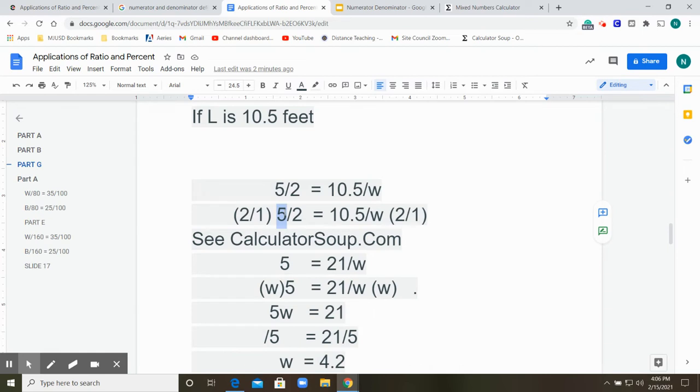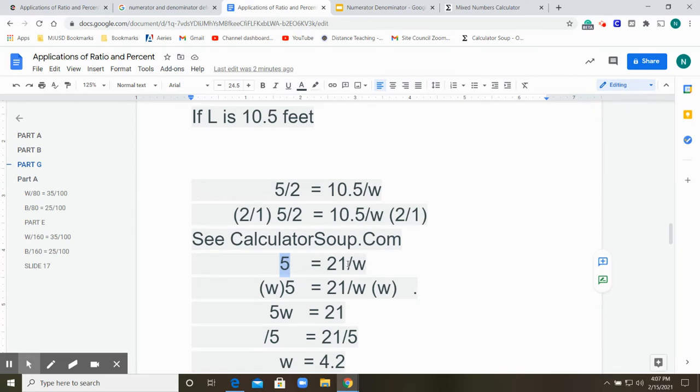So then we're left with this 5 here. 10.5 times 2 is 21 over W. If you're worried about that, 1 gets multiplied by a W and it's still just 1W.